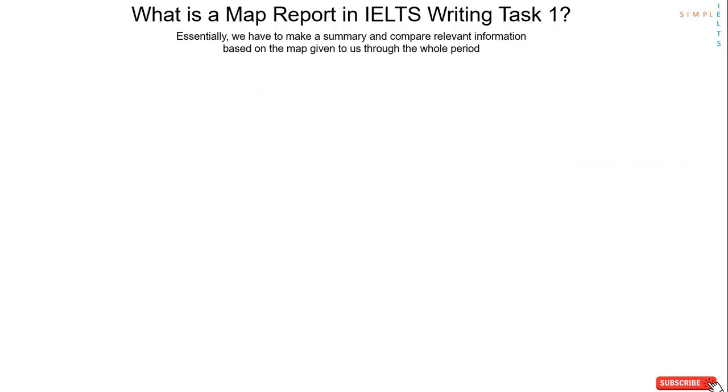Now, what is a map report in IELTS Writing Test 1? Essentially, this is where we have to make a summary and compare relevant information based on the map given to us through the whole period.